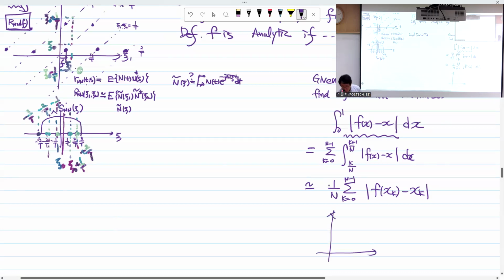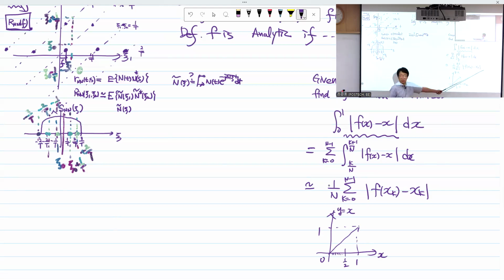What is this? This looks like that, right? So if your x_k is around here, up to 1/2, what would be the best strategy to assign a value f(x_k) to maximize this one?